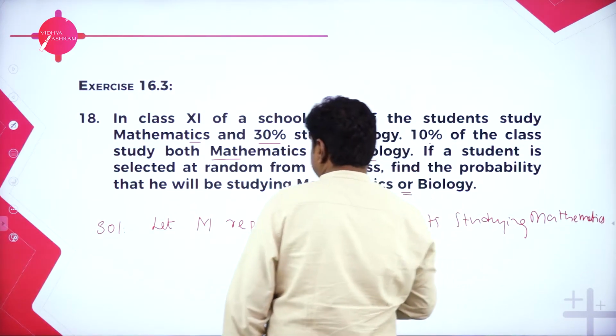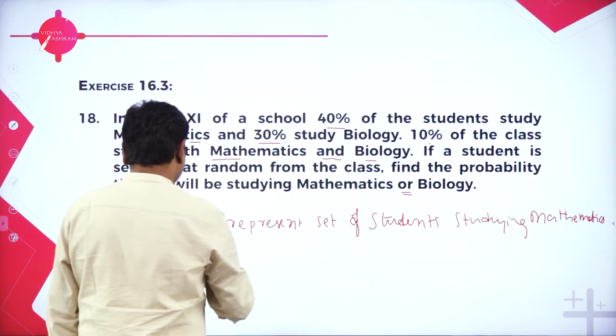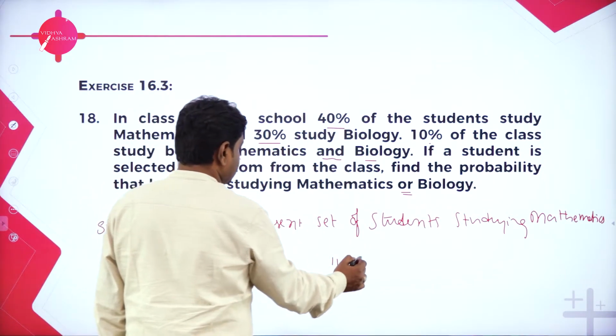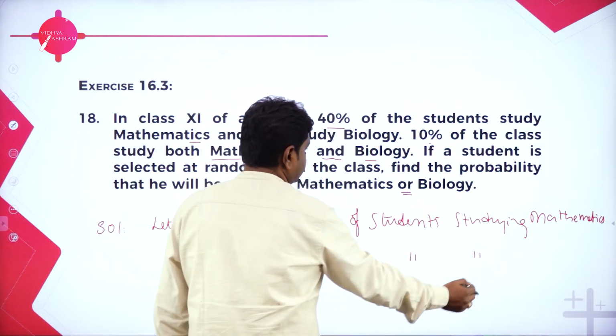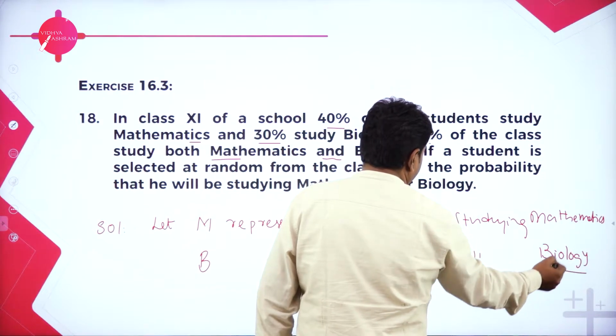Similarly, the other set, after M, they are told biology. So B represents the set of students studying biology. This is our assumption.